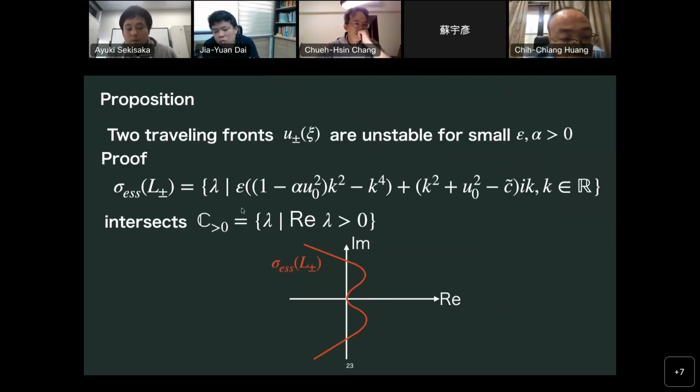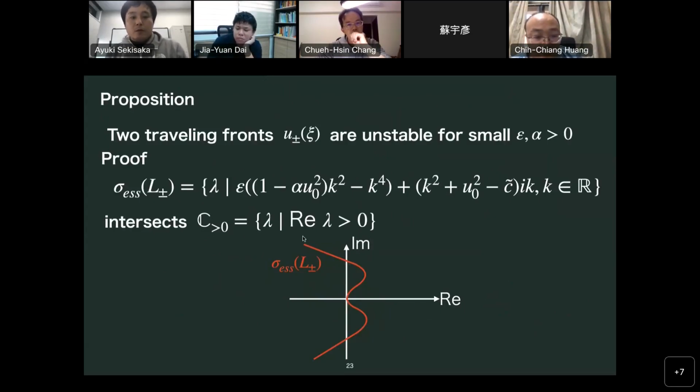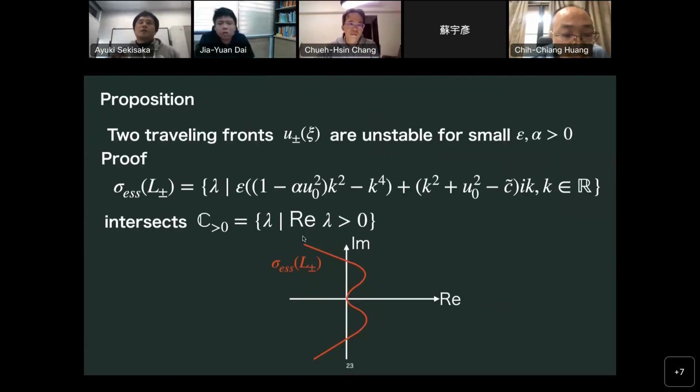If epsilon is sufficiently small, the essential spectrum intersects the right side of the complex plane. Because of this, the two traveling fronts U plus and U minus are unstable.